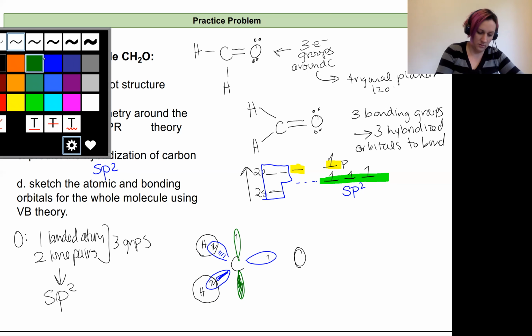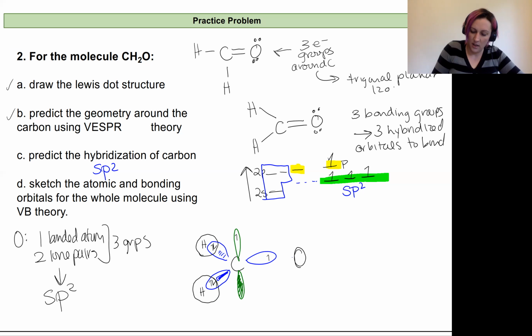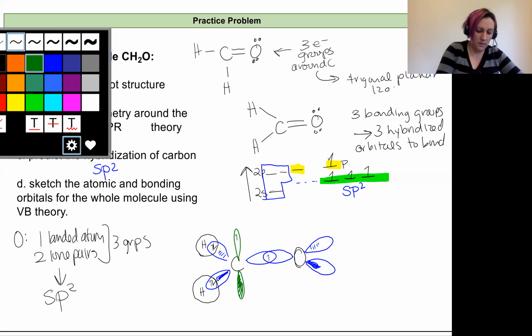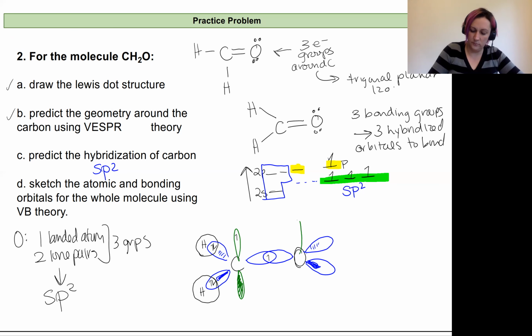So I expect my oxygen then to have 3 of these hybridized orbitals and 1 p orbital. And within it, I have 1 electron that's going to overlap with the carbon hybridized orbital and form a bond. And my other 2 hybridized orbitals have the lone pairs within them.